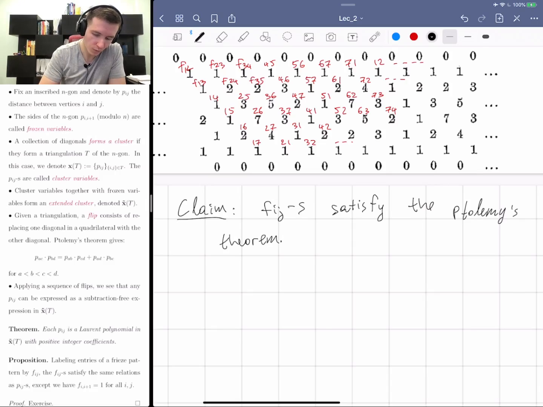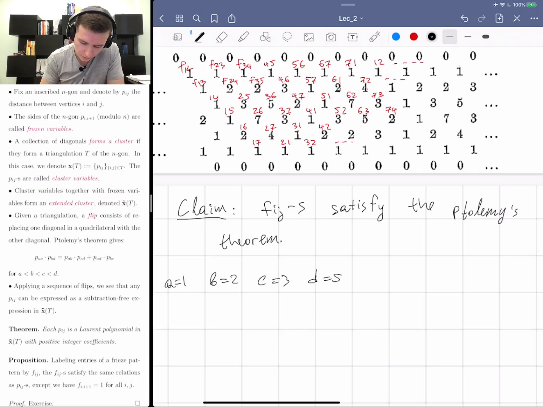Right, so let's say somebody gives me 4 indices A less than B less than C less than D. Can you say it again? Okay, A is equal to 1, B is equal to 2, C is equal to 3, and D is equal to 5.